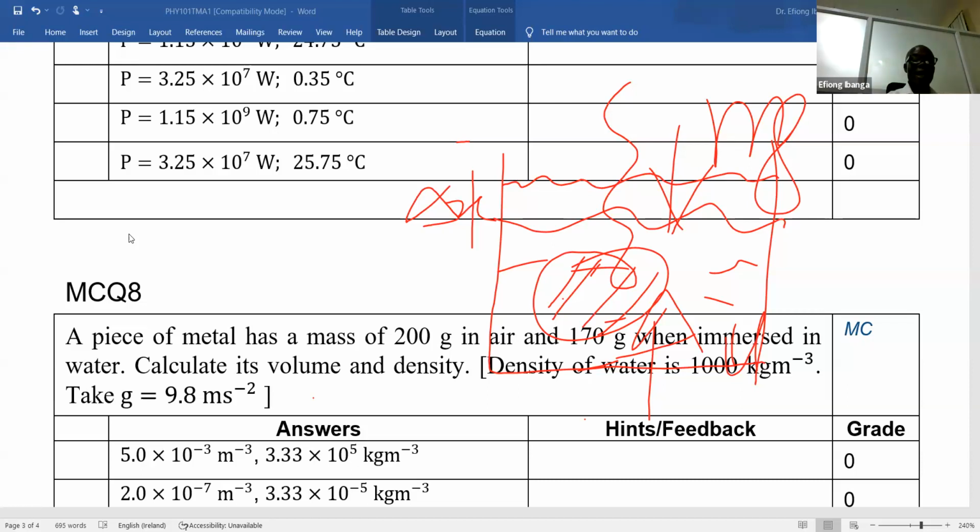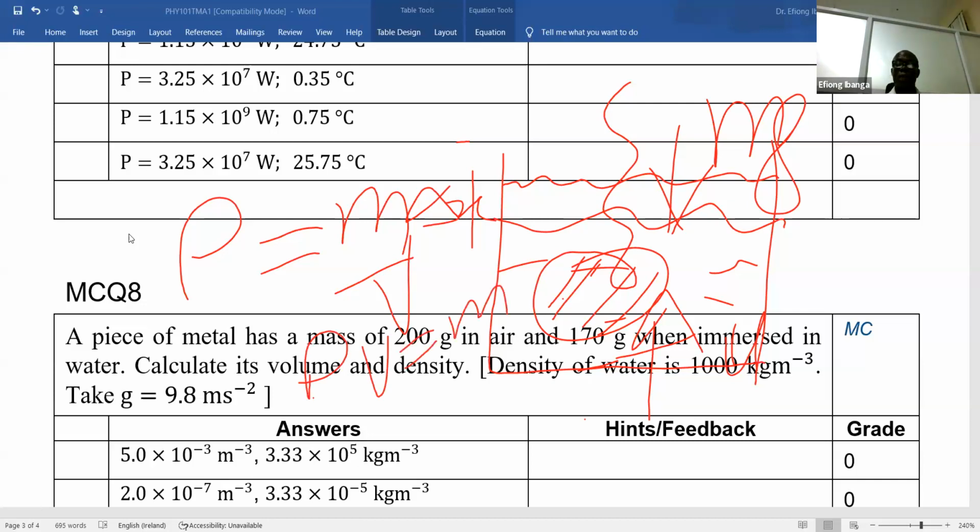The mass of the liquid displaced can be calculated from the density that has been given, mass over volume. So the mass displaced will be the density times the volume. You can also talk in terms of the weight of the liquid displaced, which will be equal to the upthrust. So that can be calculated from this relationship.